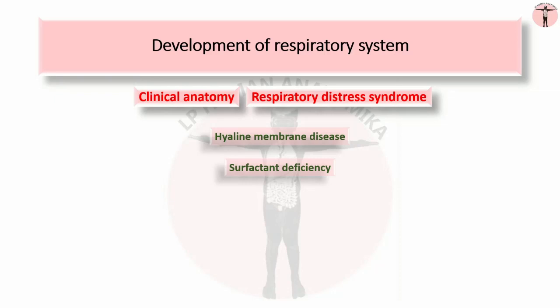Prolonged intrauterine asphyxia may produce irreversible changes in type 2 alveolar cells, making them incapable of producing surfactant. Not all growth factors and hormones that control surfactant production have been identified, but corticosteroids and thyroxine are potent stimulators of surfactant production.